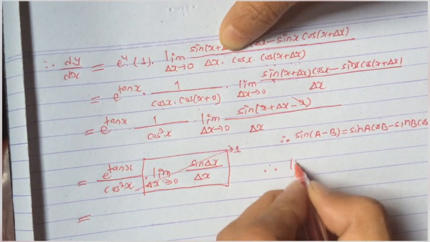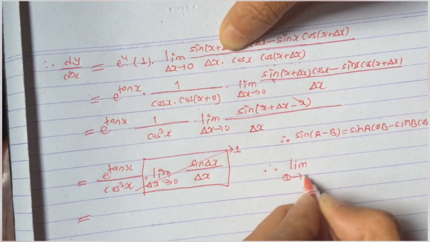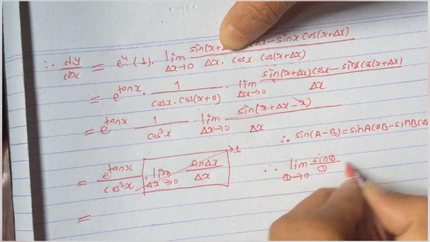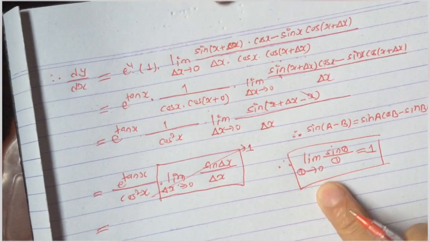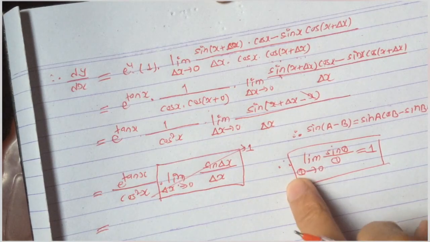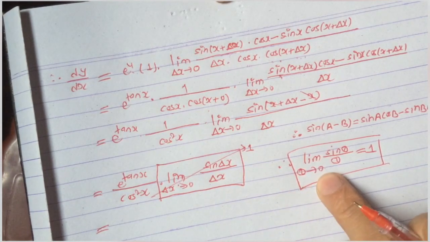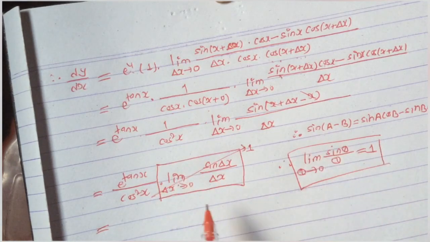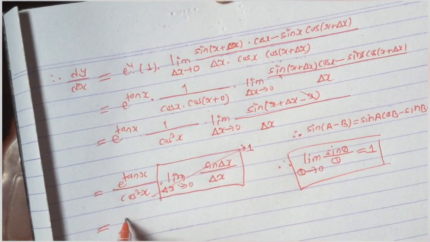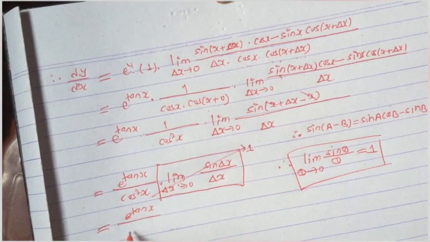This is a standard formula for the limit of sine: limit theta tends to 0, sin theta by theta is equal to 1. You have to remember this. This is a standard formula, and we are using it here. Now you are left with e^(tan x) divided by cos square x.